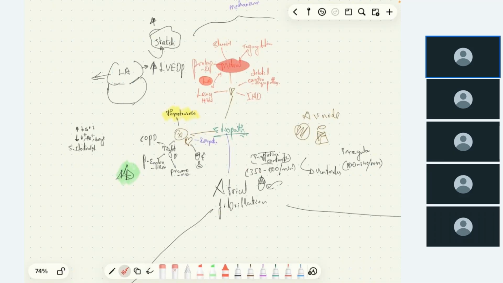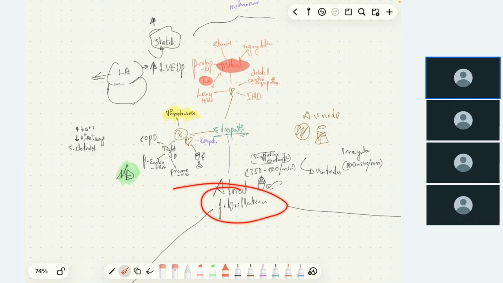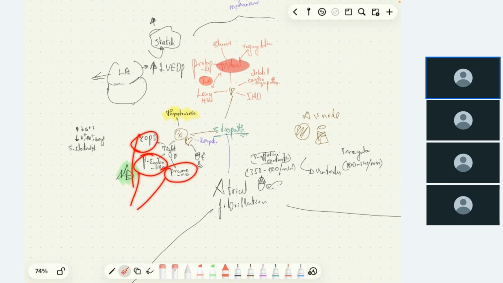The pulmonary causes are COPD, chronic obstructive pulmonary disease, pulmonary embolism, and pneumonia. I'll go off track to mention that COPD, pulmonary embolism, and pneumonia causing right heart failure is called cor pulmonale, which is a 5-mark question.